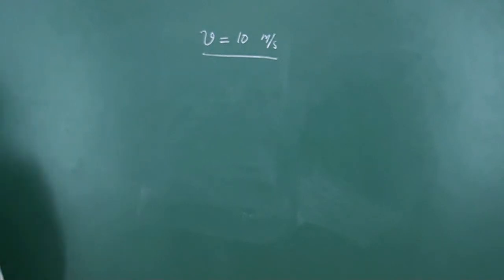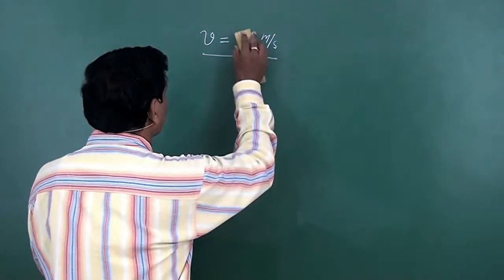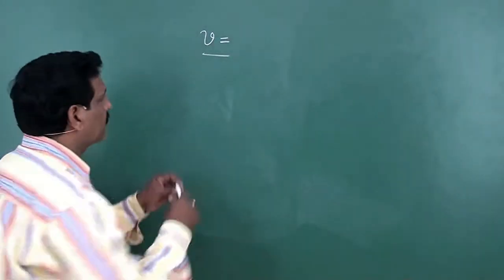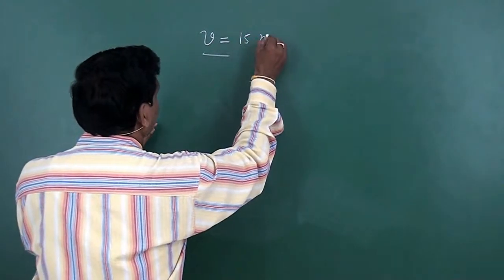Next problem. A car is moving at a speed of 15 meter per second. In how much time will it cover a distance of 1.2 kilometer? So here the car is moving with a speed of 15 meter per second.